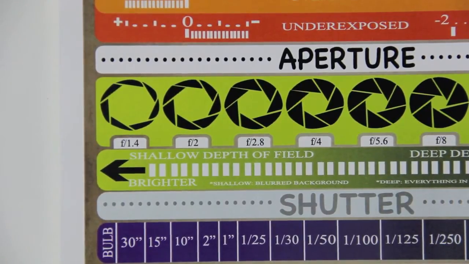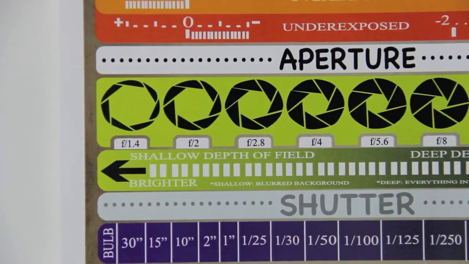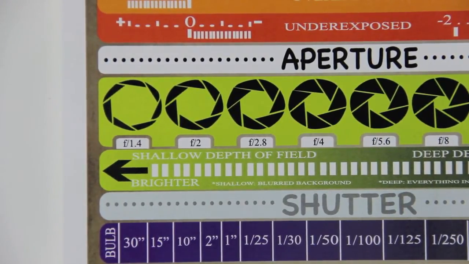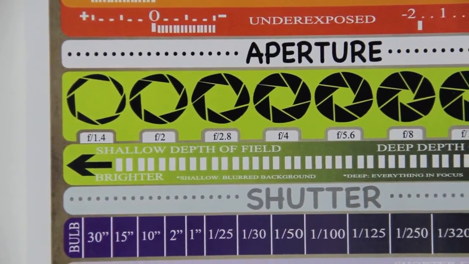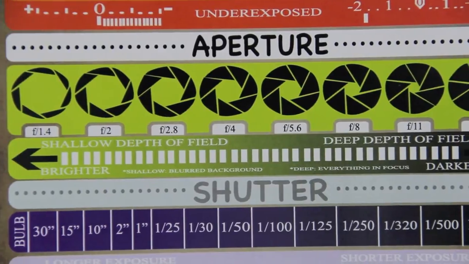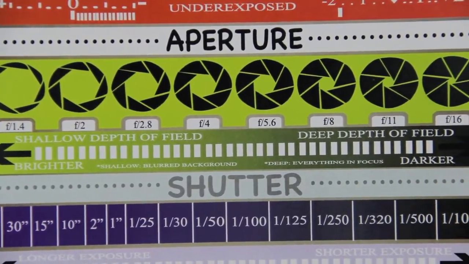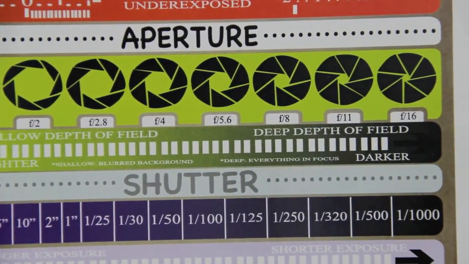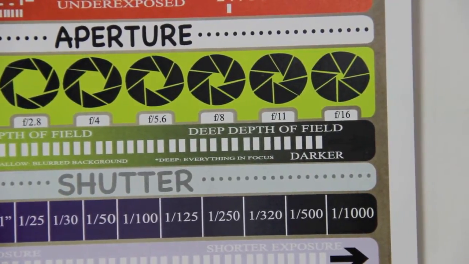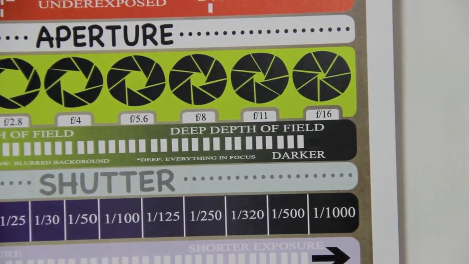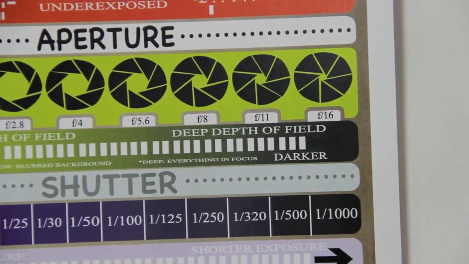That's going to give you the biggest aperture possible, which means you're allowing a lot more light into your camera. The common is 1.4. As it goes up in number, f2, f2.8, f4, 5, 6, 8, and so on. Most will go up to f22. Your hole is just that much smaller.